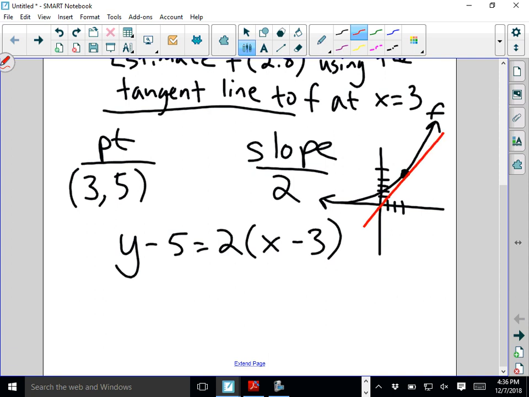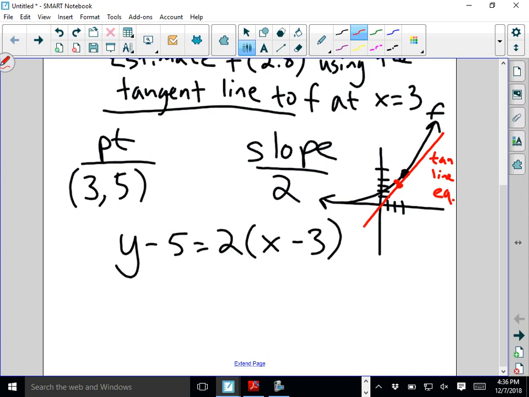So this is our tan line equation. So since we don't know what's happening with f, we can never find f of 2.8, right? We're gonna evaluate our tangent line equation at 2.8, and that's going to be a pretty good guess of what f of 2.8 is. It's going to be the best guess we can do here.